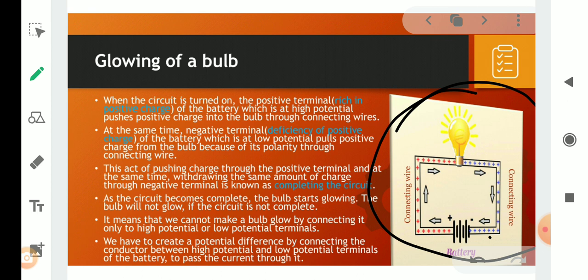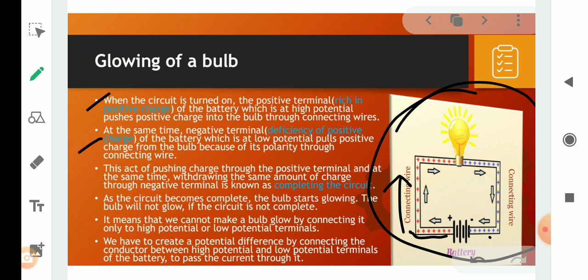So how does the bulb glow? When the key is on, the positive terminal of the battery, which is at high potential, pushes positive charge into the bulb through the connecting wires. You can see the arrow mark from the positive terminal, where it is high potential. The positive charges move from high potential towards one end of the bulb.